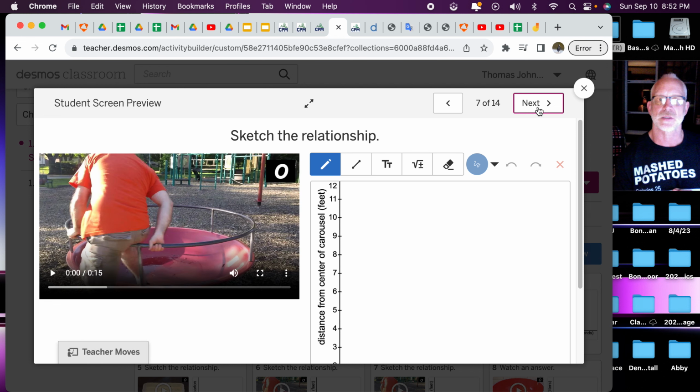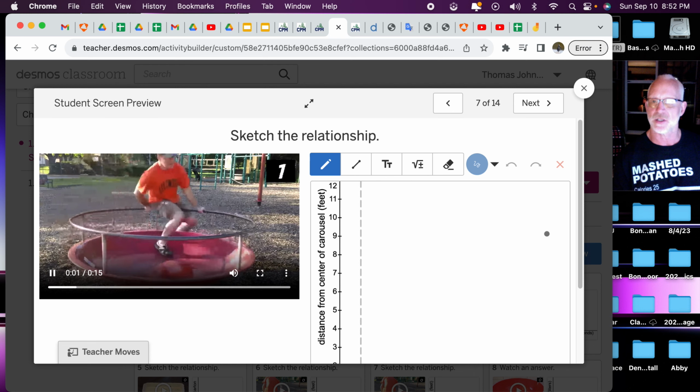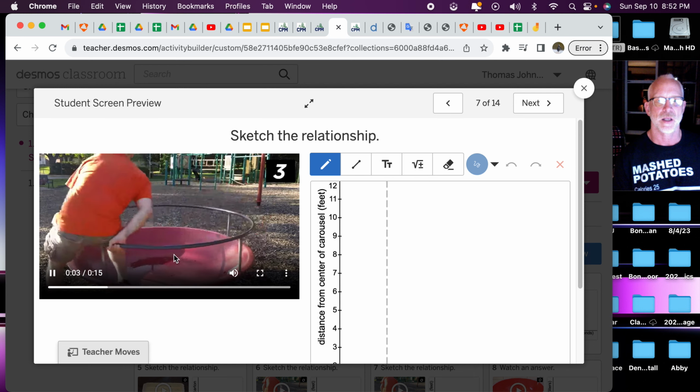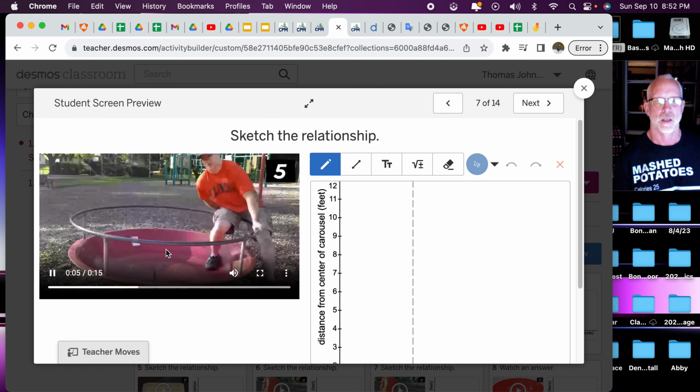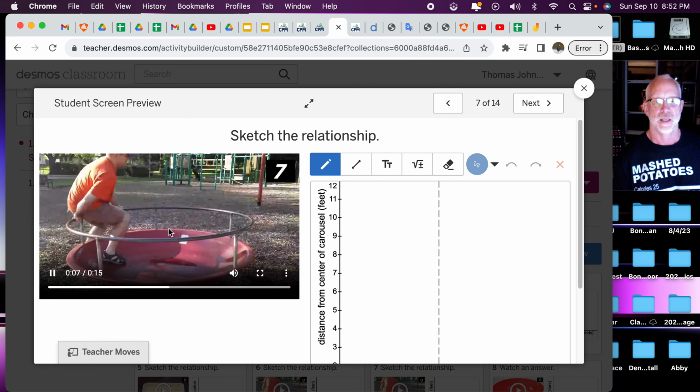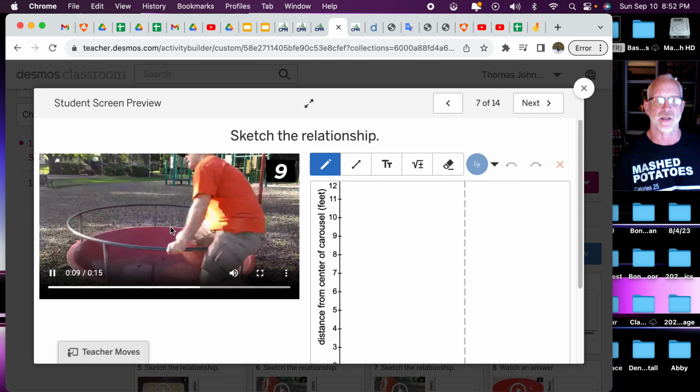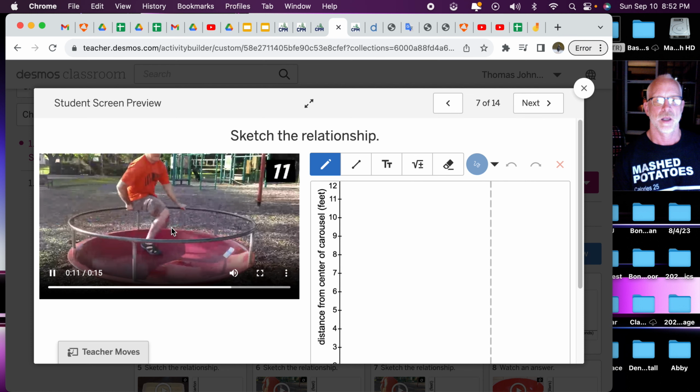And what do we do next? Oh, this one's interesting. What's the distance from the center of the carousel? So when he's going, does he ever change his distance from the center? It always looks like he's the same from the center.